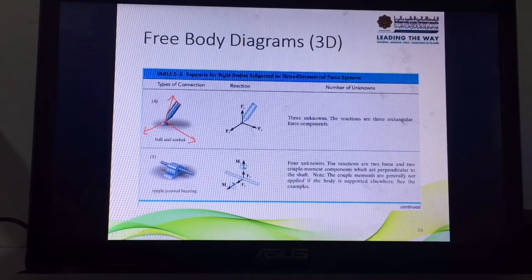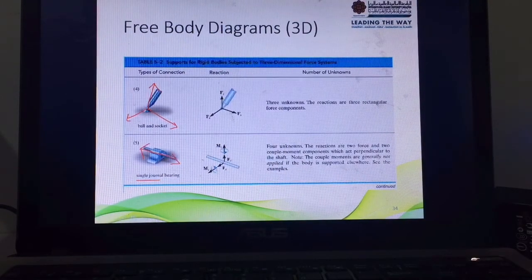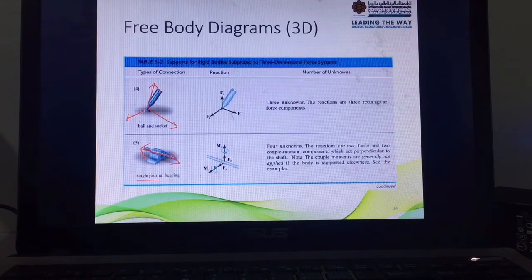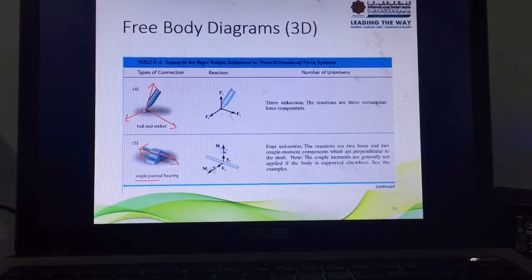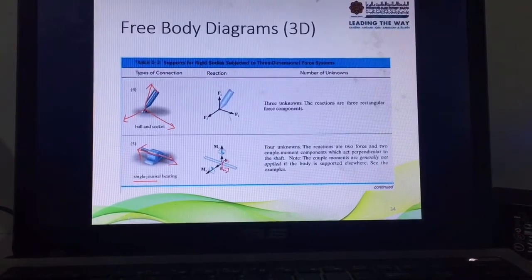For instance, the single general bearing allows this translation, and of course it allows rotation. Here it is x, y. So my rotation is allowed.